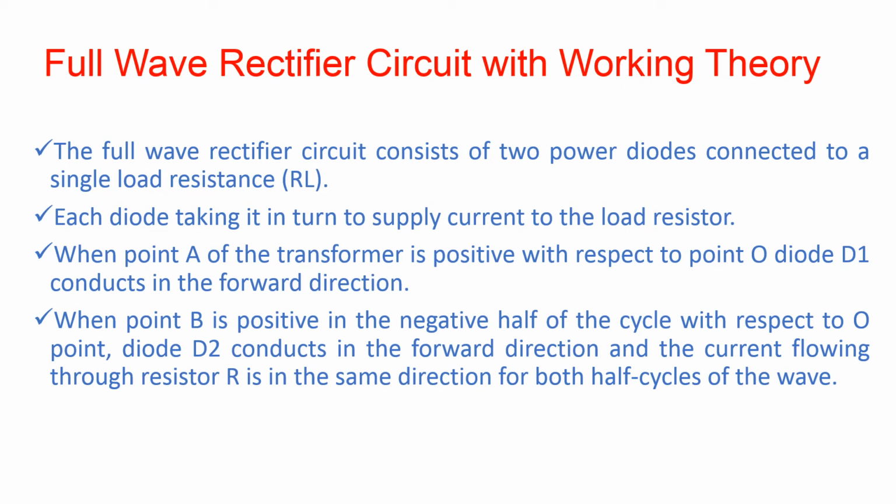In the next half cycle, diode D2 will conduct, and as a result current will flow to the load resistor. So when point A of the transformer is positive with respect to point O, D1 will conduct in the forward direction. Whereas when point B is positive in the negative half cycle with respect to point O, diode D2 conducts in the forward direction, and the current flowing through the resistor is in the same direction for both half cycles of the wave.